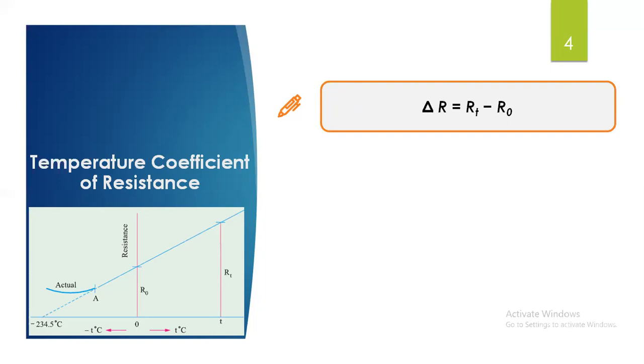And for insulators and electrolytes, as temperature increases, resistance decreases. So as per the temperature difference, we get the change in resistance. It is defined as delta R, the change in resistance, equal to RT minus R0.